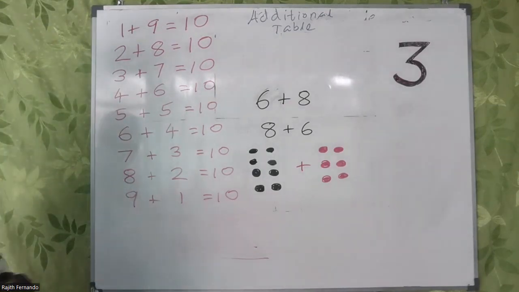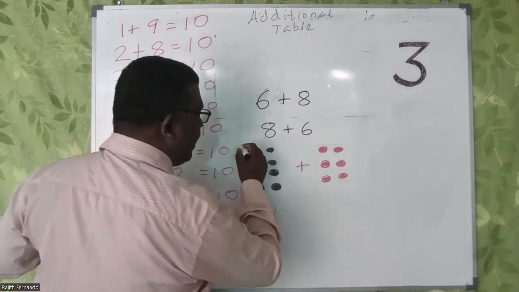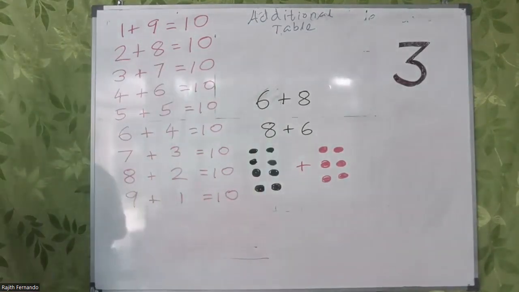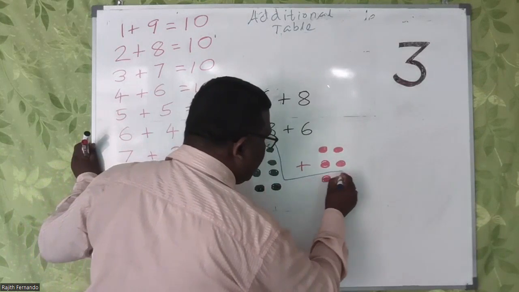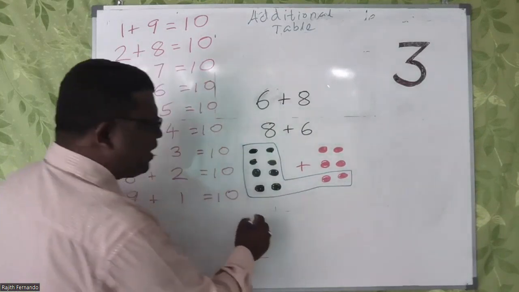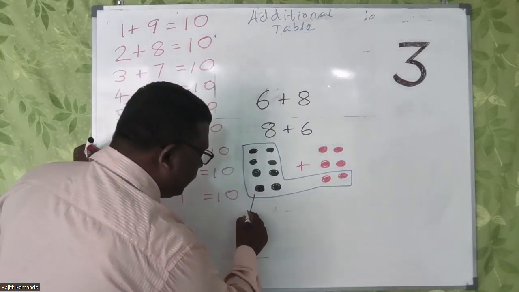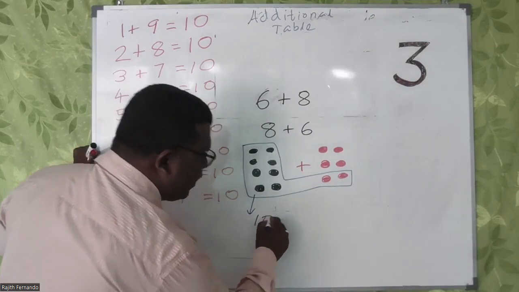Then you can take that 2 from this 6 and connect these 2 to this 8. Then what has happened to this portion? It is 10, isn't it?